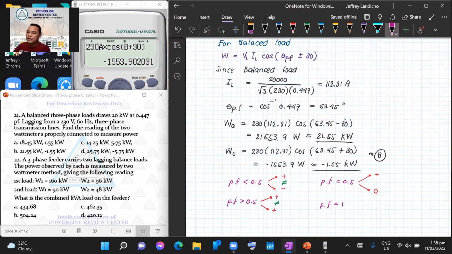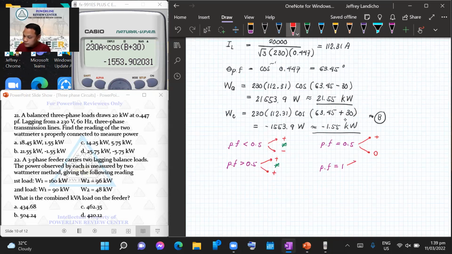So, pag purely resistive yung ating load, expect mo na the wattmeter readings parehas na positive, at ano sila, equal.